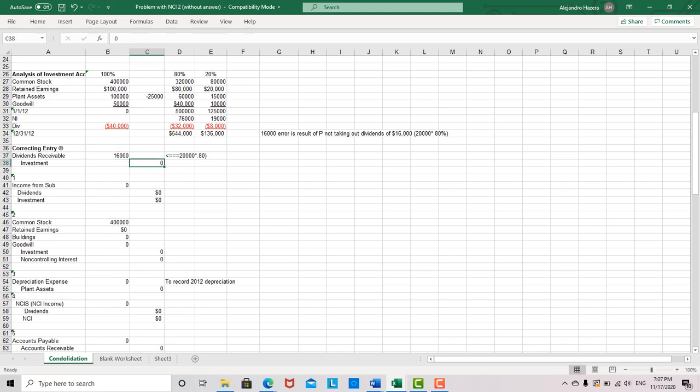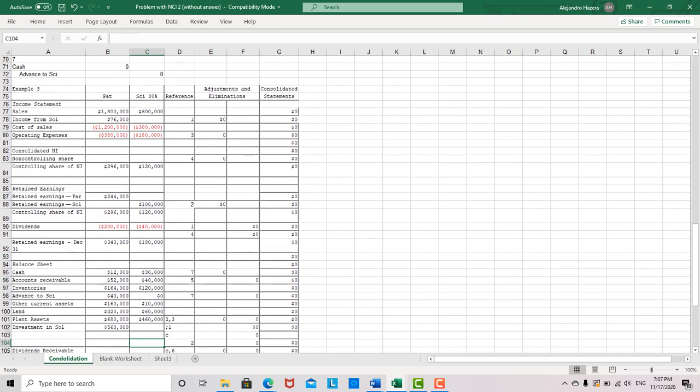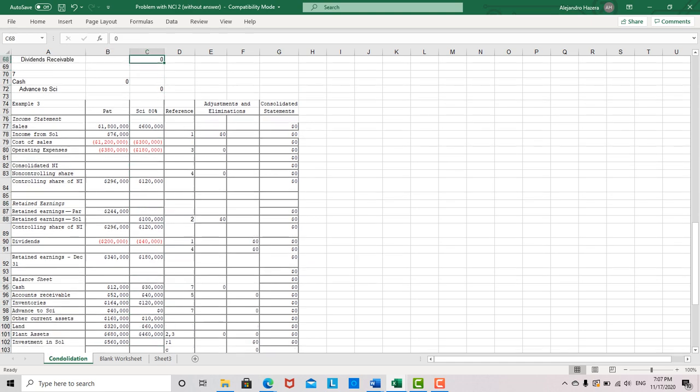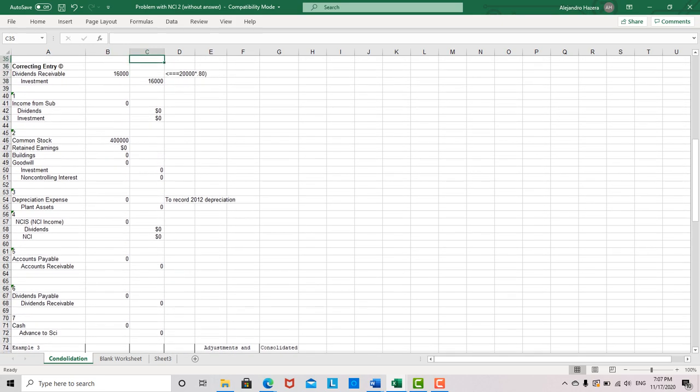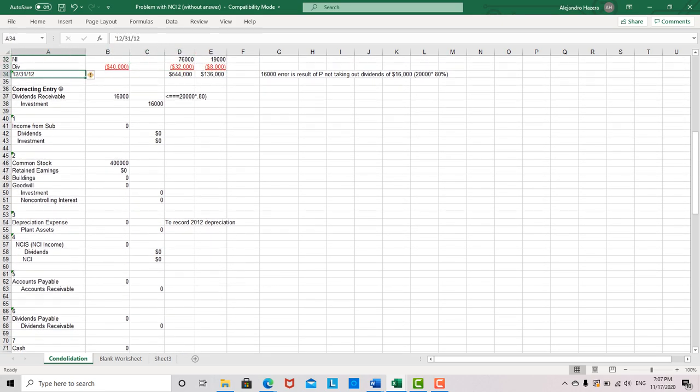If it had been paid, you just debit cash, credit investment. However, since it's owed, you debit dividend receivable, and you've got to take it out of your investment account. Now, after having made that entry, we've subtracted 16,000 out of that 560. So now, theoretically, it would be 544. Now we can do our regular entries.